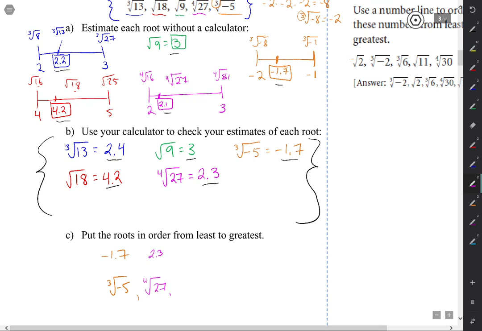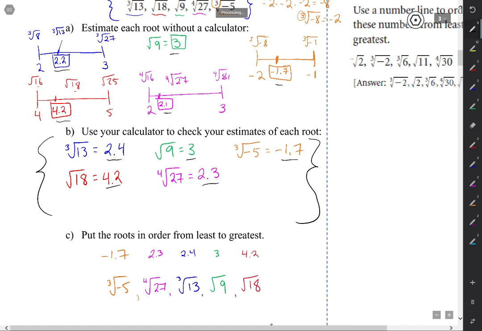Then next we would have the 2.4 that comes right after that. 2.4, or in other words, the 3rd root of 13. Next one would be the square root of 9, which is just 3. So square root of 9. And then finally our red one here, the square root of 18. Whoops, I'm going to put that down here. So we have 4.2, or the square root of 18.